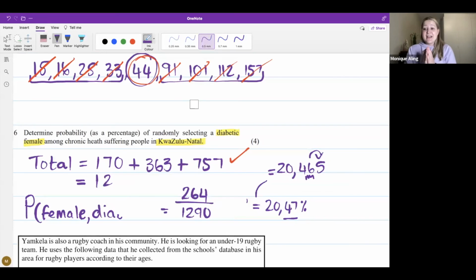But then they said out of chronic health suffering people in KZN. So they said out of everyone in KZN that is suffering from something. They didn't say out of everyone with diabetes or out of everyone with asthma. They want to know in KZN, what is the chance that I'm going to choose a female that has diabetes out of everyone that is sick? So the chronic health suffering people in KZN included everyone that was sick.